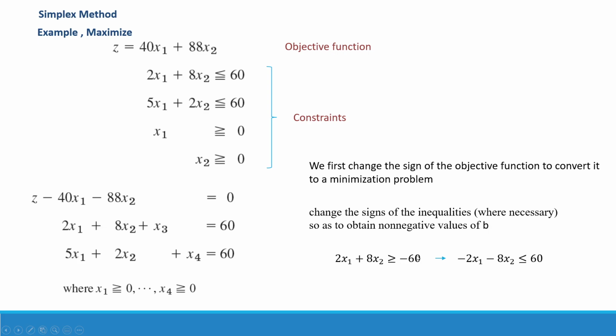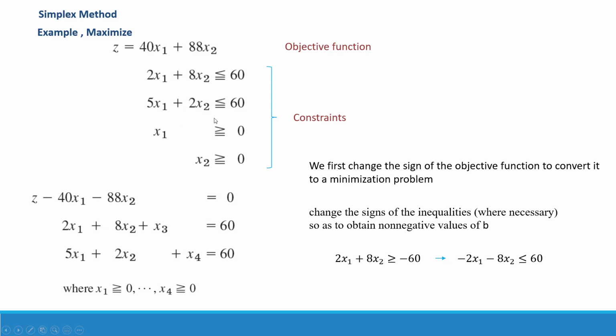For example, in this case b is negative, so we need to change this because we need a positive value. In our example we don't have this problem because every value on the right side, the b values, is positive. So the only thing we do is change the maximizing function to a minimization problem, and we get this result.